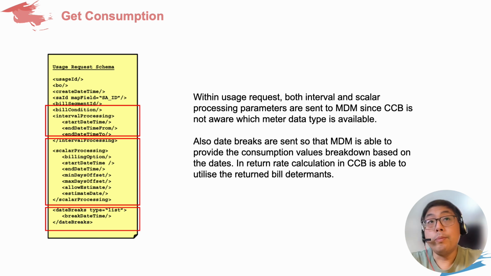So for example, if you want to do a date break for every tax rate change, let's say we create a usage, and let's say that the tax break happens on the 1st of April.